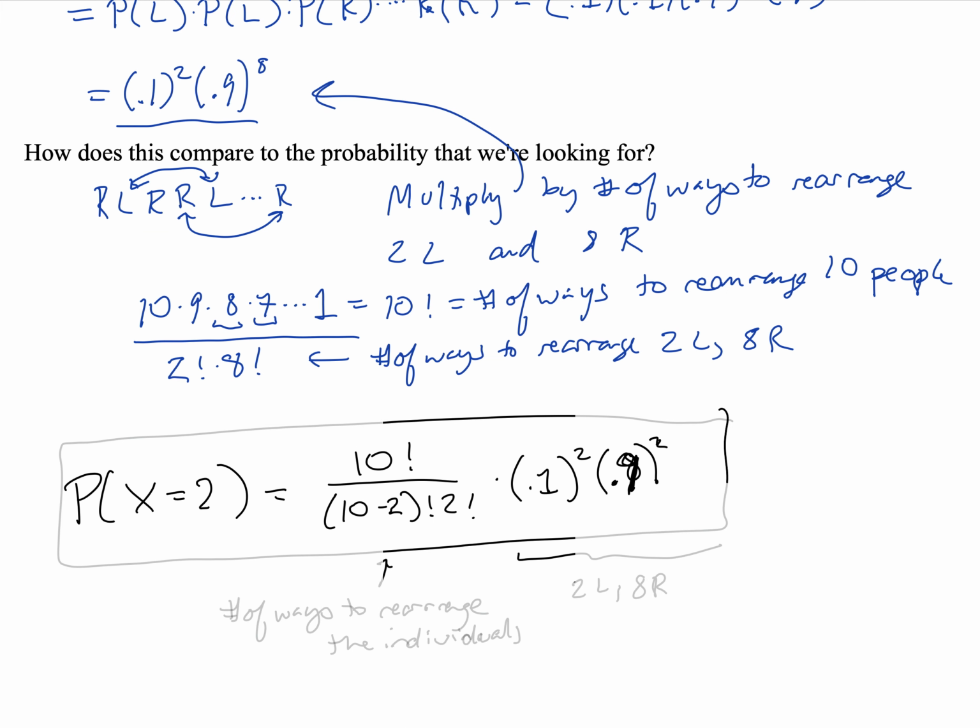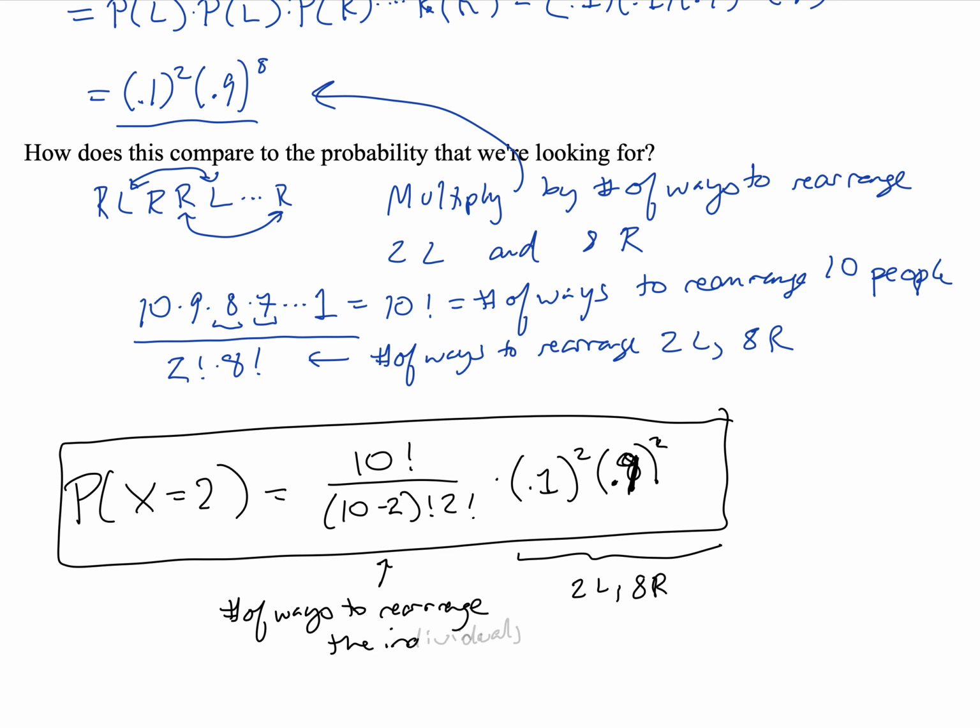That is the formula that we calculated above. And again, this is the probability of 2 left then 8 right-handed people multiplied by the number of ways to rearrange these individuals, only caring about the arrangement of right-handed and left-handed people respectively.